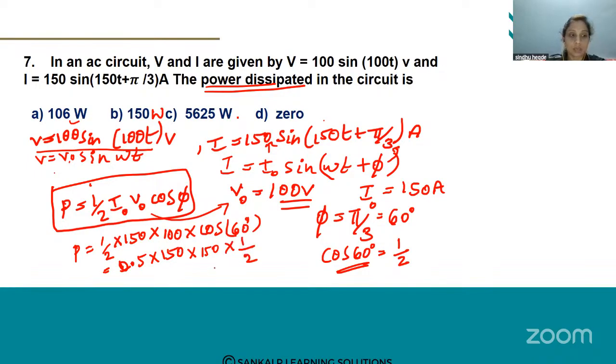Okay. Then what is the answer? It is 5625 watt. This much of power is dissipated. So which option is correct? Here option C is correct. That is 5625 watt. Okay. We'll see the next one.